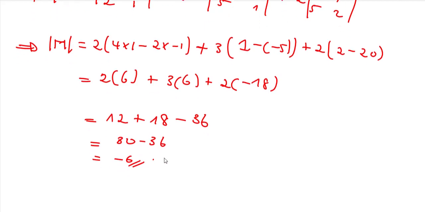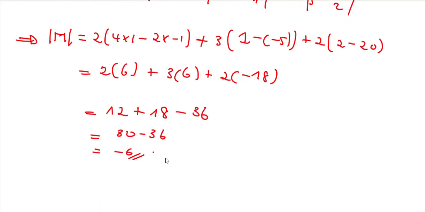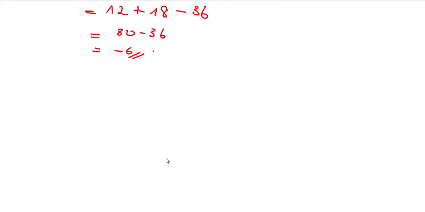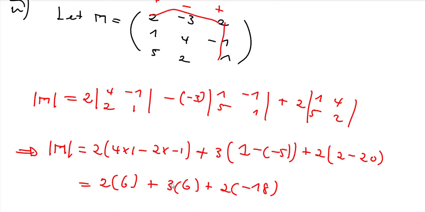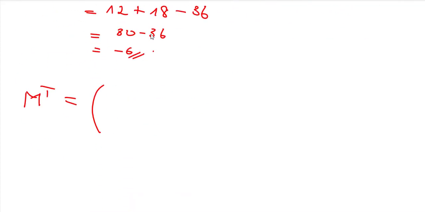Okay, now the next step in finding the inverse using the adjugate method is we obtain the transpose of our matrix M. The transpose is simply obtained by interchanging row and column. So our row will become our column. Row 1, that's 2, negative 3, 2, will become our column, so we write it as 2, negative 3, 2.